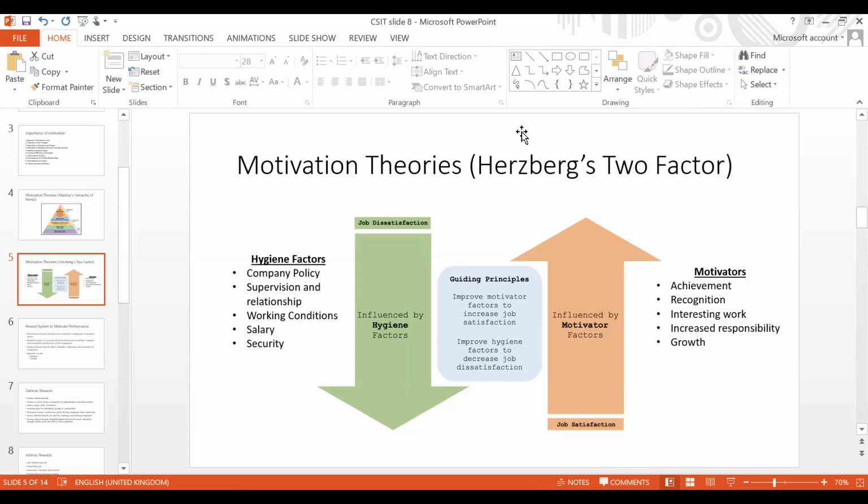But motivation means the inner excitement or enthusiasm to work more, to work better. These are the motivating factors, and they actually come from your achievement. If you are recognized for your performance, if your job is very challenging and interesting, then that keeps you motivated.